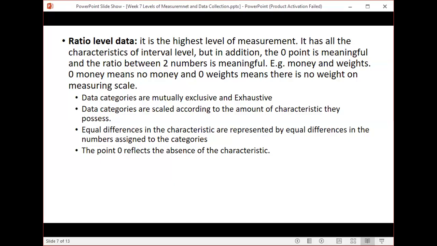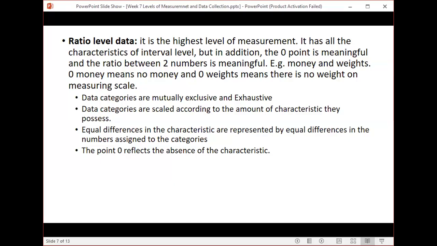Okay, so any ratio, we understand it because it's also an interval. Ratio is 1 and 2, or 2 and 4. It's an interval. It's 2 to 5 or 10 to 20 or whatever it is, an interval, right? But the 0 point is meaningful because it is representing the absence of the characteristic. Okay. And so between two numbers, we also can make sense out of it. All right. And so it has all the characteristics.